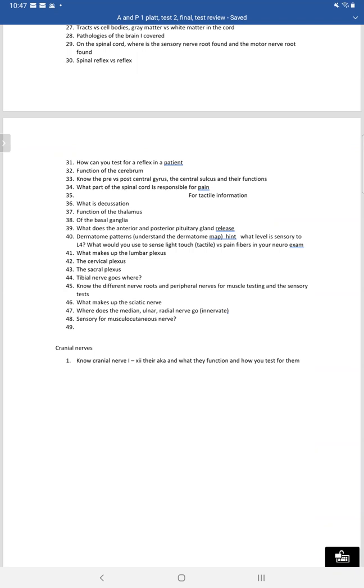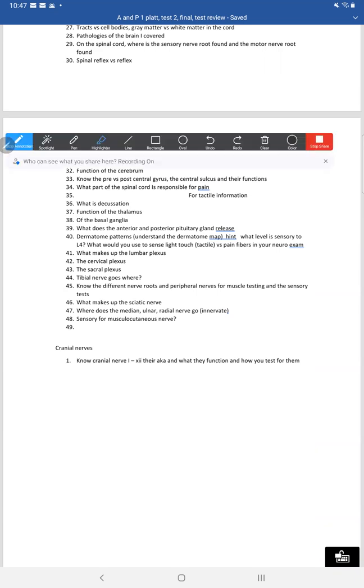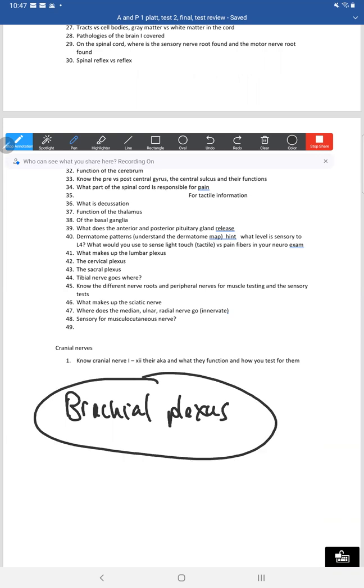And then you have the brachial plexus. Okay, that does not look like it's in here, so let's add it. That one is actually the more complicated one that we did together, and that was C5 to T1.